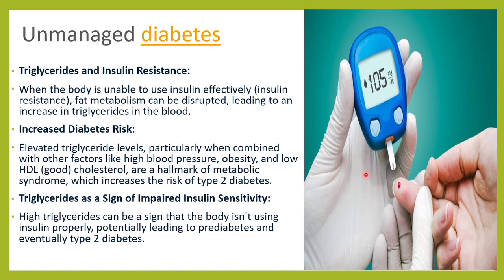Unmanaged diabetes. What happens is when the body is unable to use insulin effectively, like in insulin resistance, the fat metabolism gets disrupted, leading to an increase in triglyceride in the blood. I've told you that insulin inhibits lipolysis, so there is impaired lipolysis and the triglyceride deposition keeps on increasing.